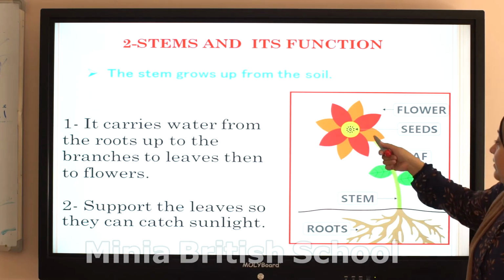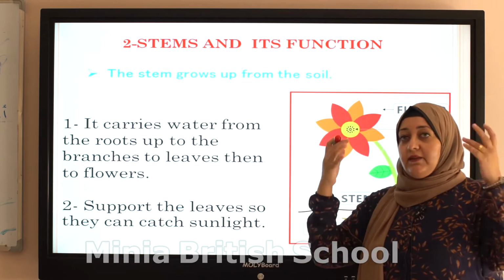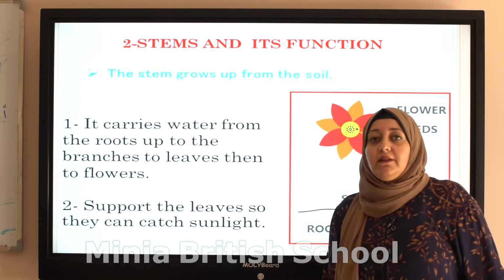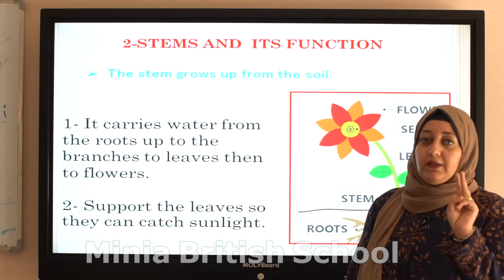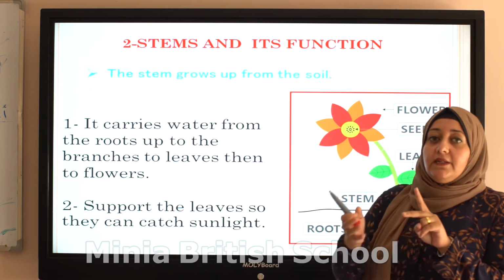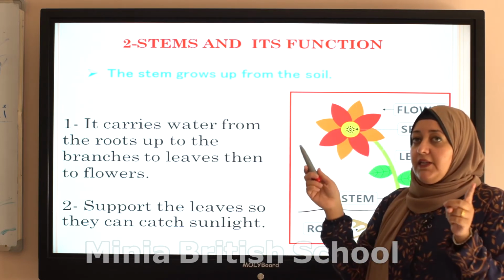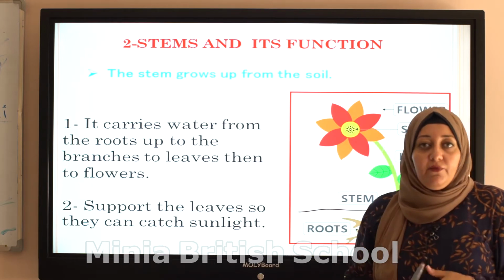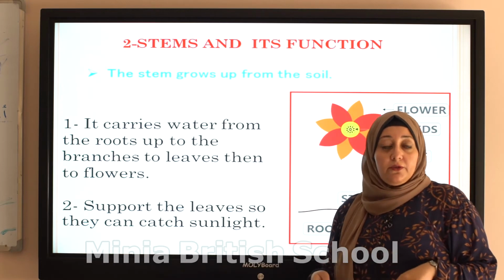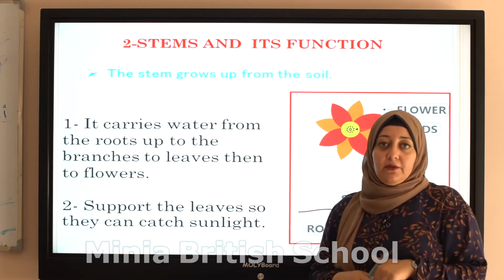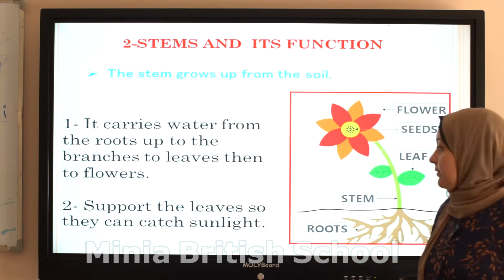It helps the flower and the leaves to stand and catch the sunlight. So we have two functions of the stem again. Number one, it carries up the water from the roots up to the leaves, the flower, and the fruits. Number two, it supports the leaves and the flower to catch the sunlight, which is very important for the plant.